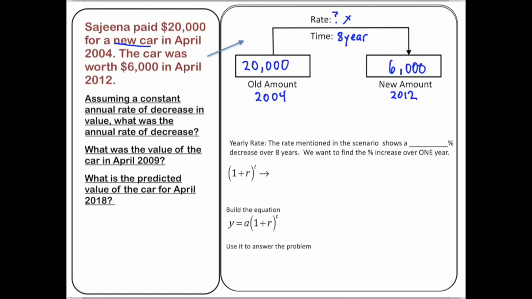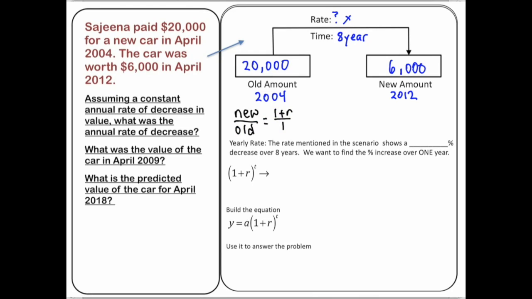So let's see the way that we're going to use this information to tackle the rest of this particular problem, because it's a little bit different, and then we add some stuff at the very end in which we're going to use the final build of this function to make some predictions. So let's take a look.